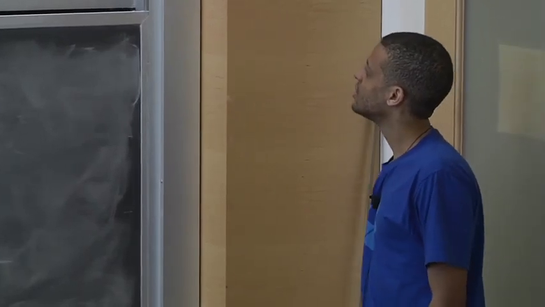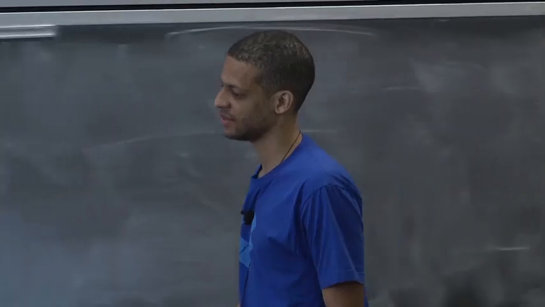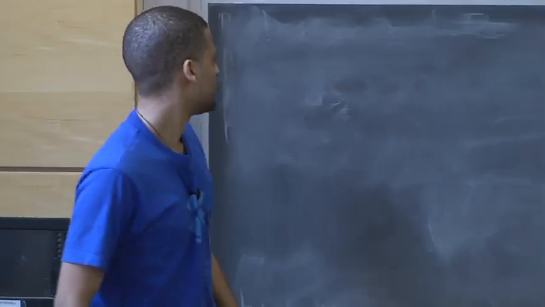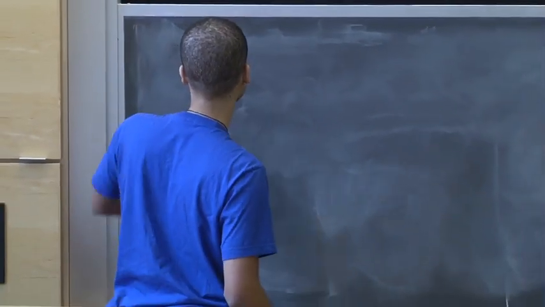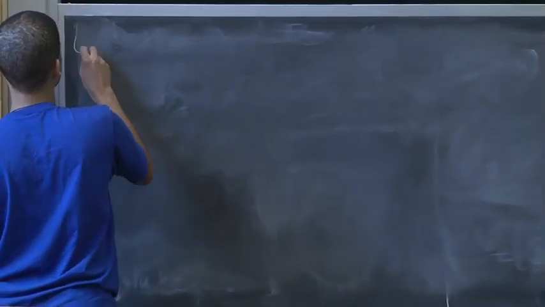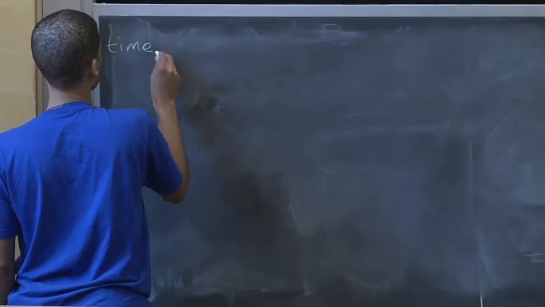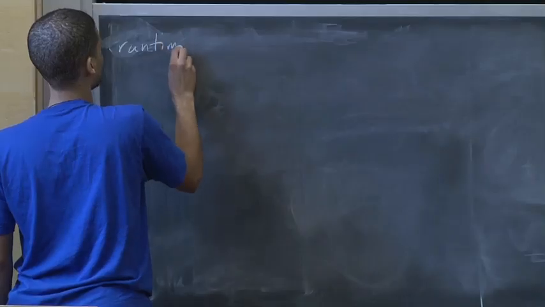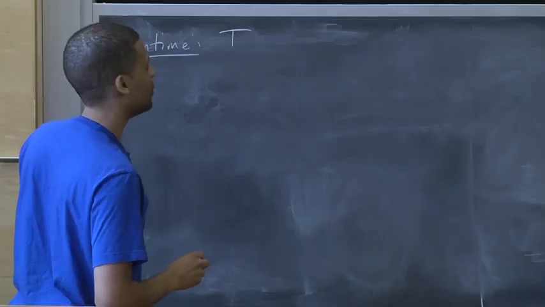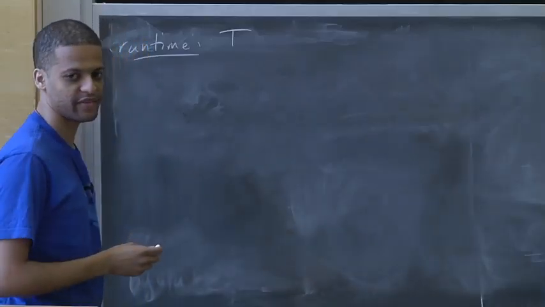Okay. So we could write the time. So let's say runtime is T to do this insertion. We could define some more random variables.